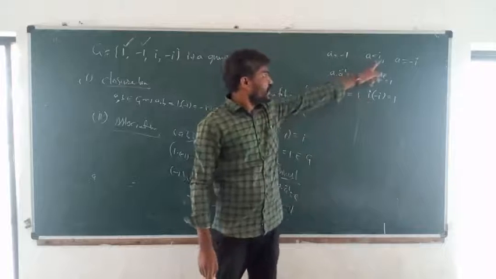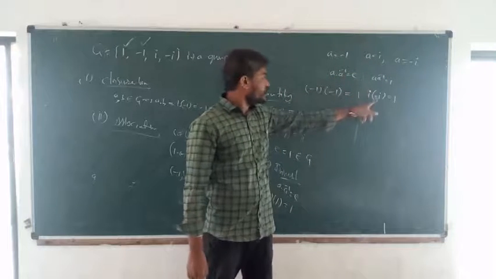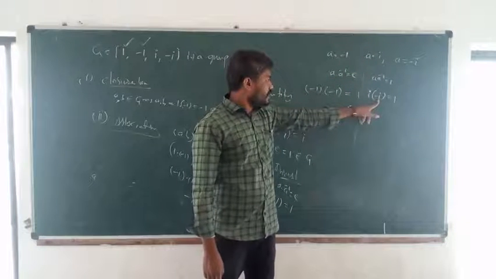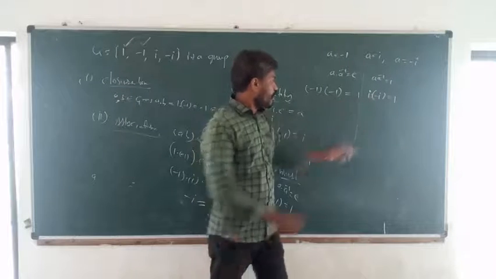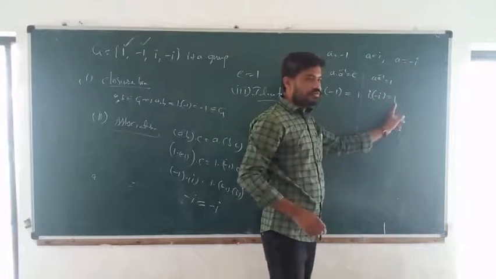You can select a equal to i; what is the inverse element? That is minus i. Minus i is the inverse of i, so i dot minus i is equal to 1.